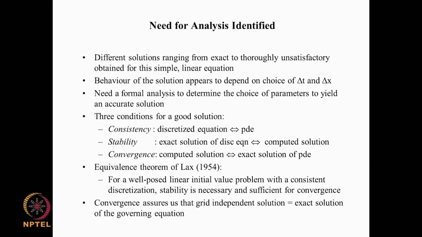So, that is what we mean by convergence: when we have very small delta x and very small delta t, if convergence is guaranteed, then we know that we are getting a solution which would match with the exact solution. Okay.